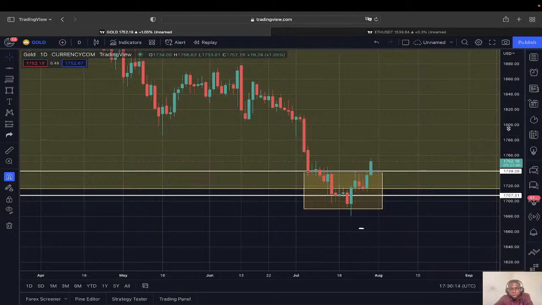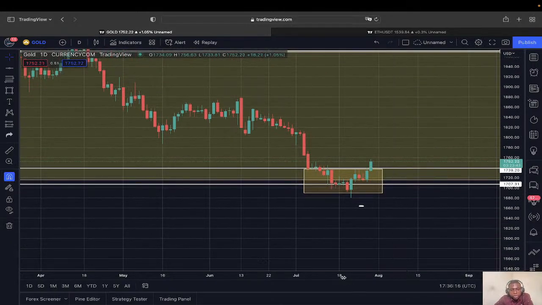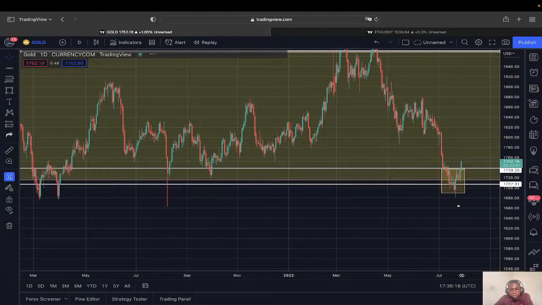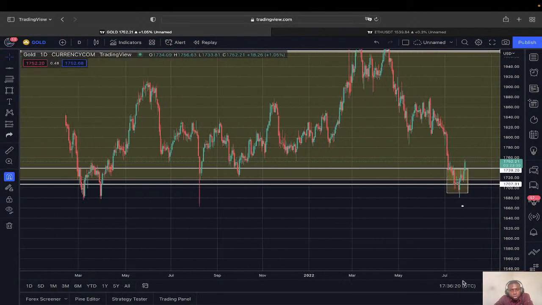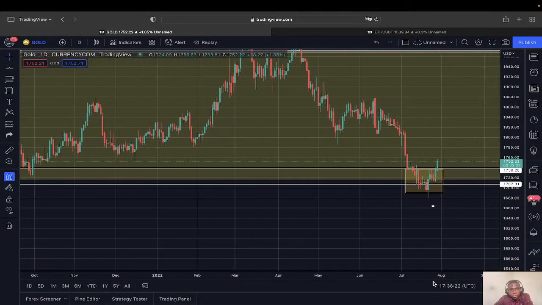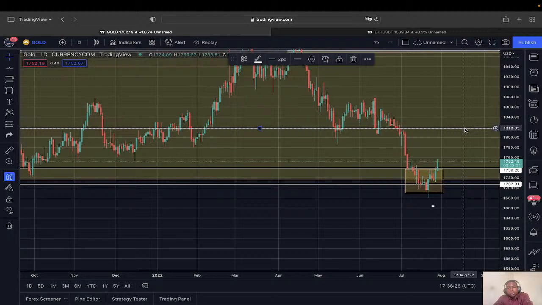Now this is a good bullish signal for gold. So I would expect the bullish momentum to push up to this level, because this level here is also a major resistance level.